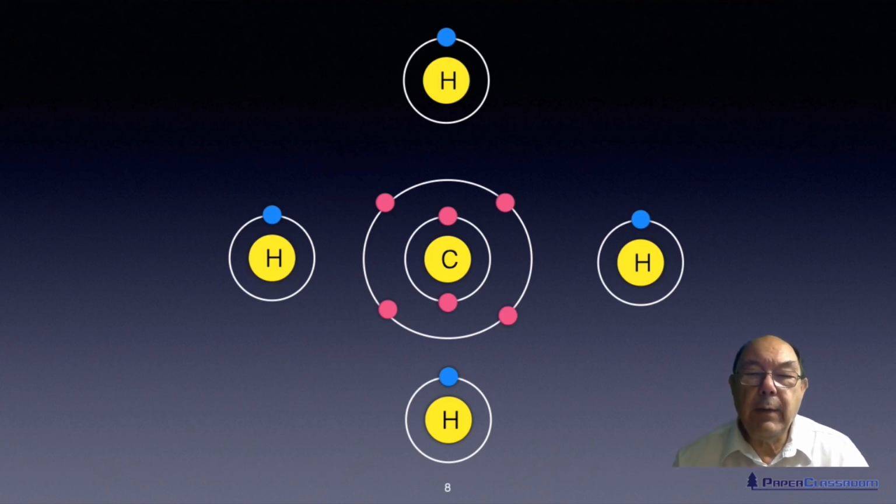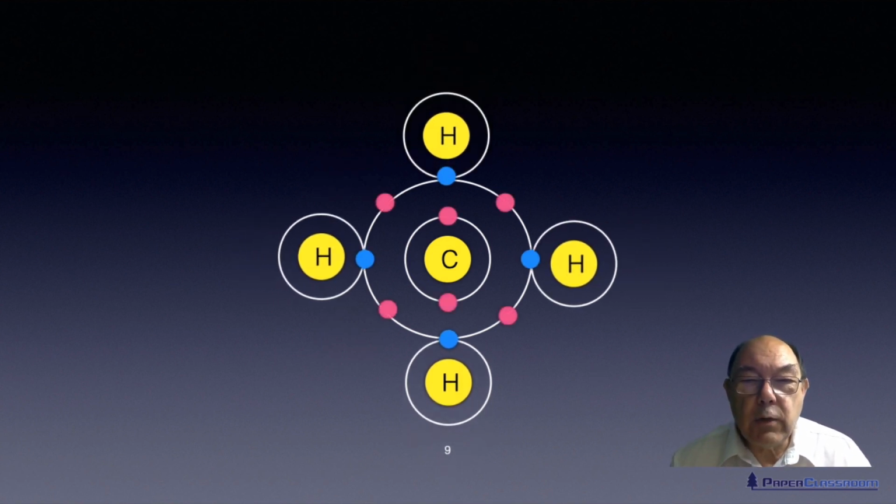Now, here we have the system that we're going to work with. This is the carbon atom with its 4 outer electrons. Here we have 4 hydrogen atoms, each with their own 1 electron. And what happens now is that these things come together.